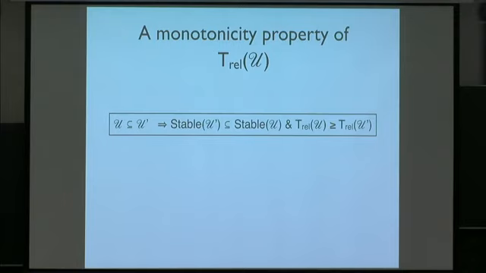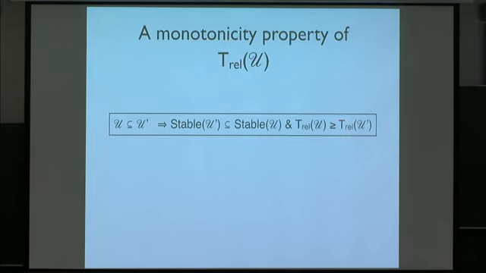In particular, if I have a family of Bootstrap rules U contained in another family U prime, then the stable directions of U are richer than those of U prime, and the relaxation time for U is bigger than or equal to the relaxation time for U prime.